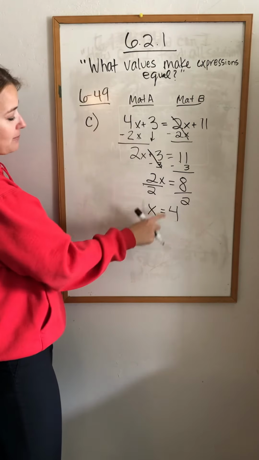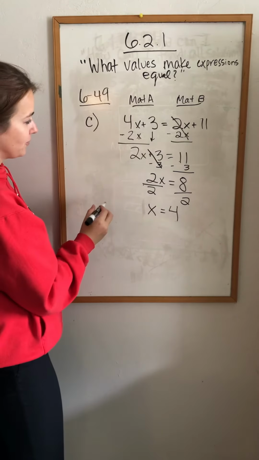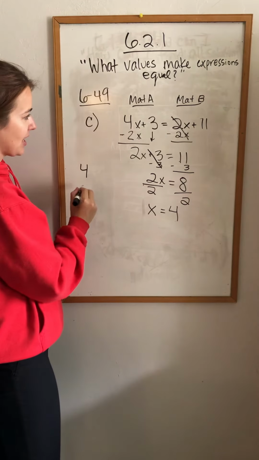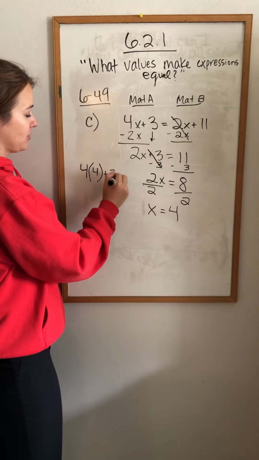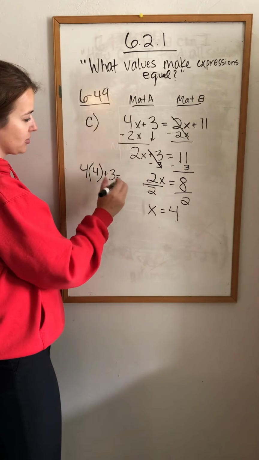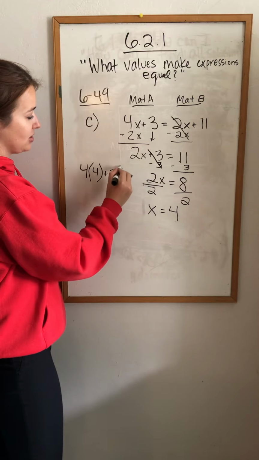So I'm going to plug in my 4 to 4x plus 3. I'm going to do it over here to the side. So 4 times 4 plus 3 gives us 16 plus 3, which is $19.